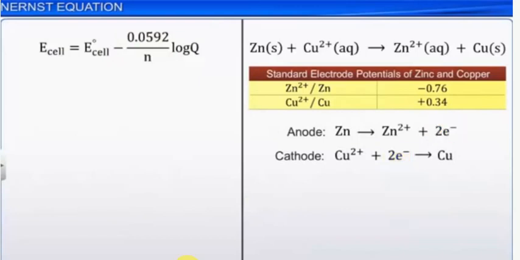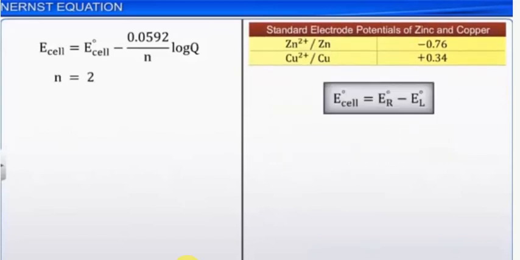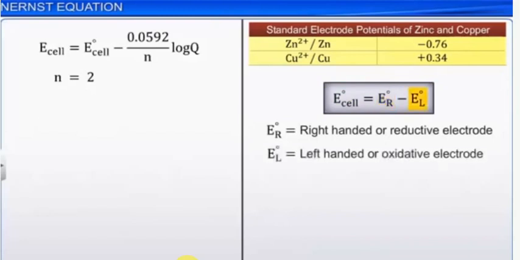Therefore, n equals 2. Now, we need to find E naught cell by using the equation shown here. E naught R is the electrode standard potential of a right-handed or reductive electrode and E naught L is the left-handed or oxidative electrode.